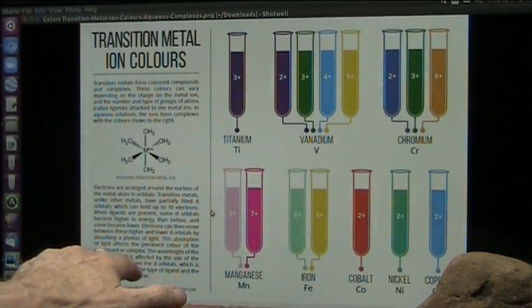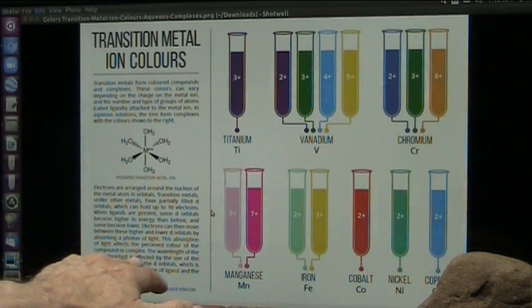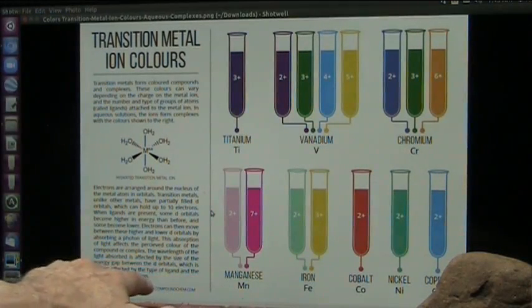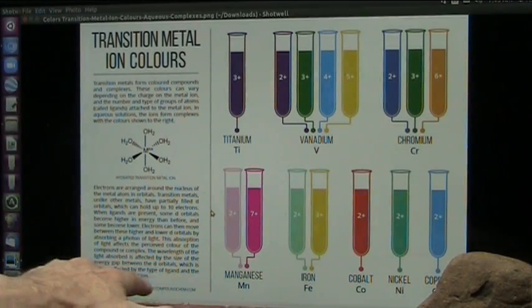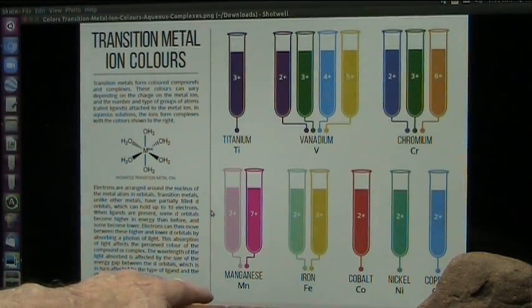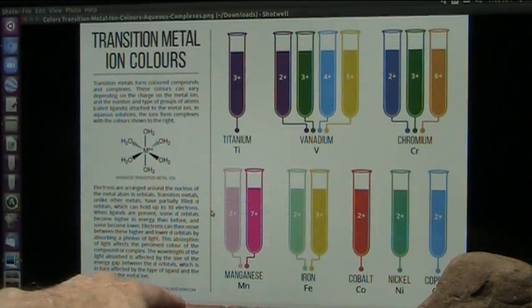This absorption of light affects the perceived color of the compound or complex. The wavelength of the light absorbed is affected by the size of the energy gap between the d orbitals, which is in turn affected by the type of ligand and the charge on the metal ion.